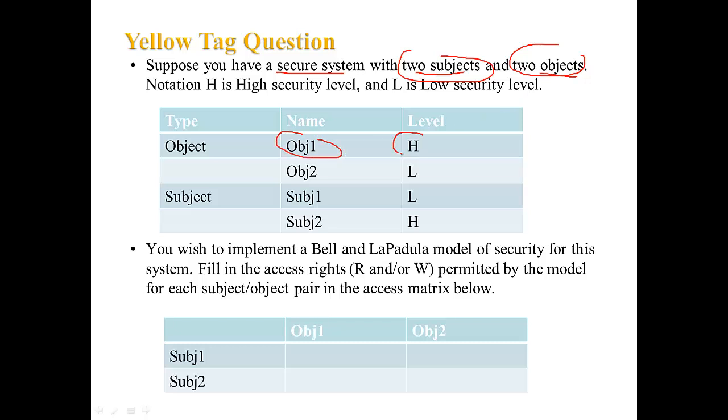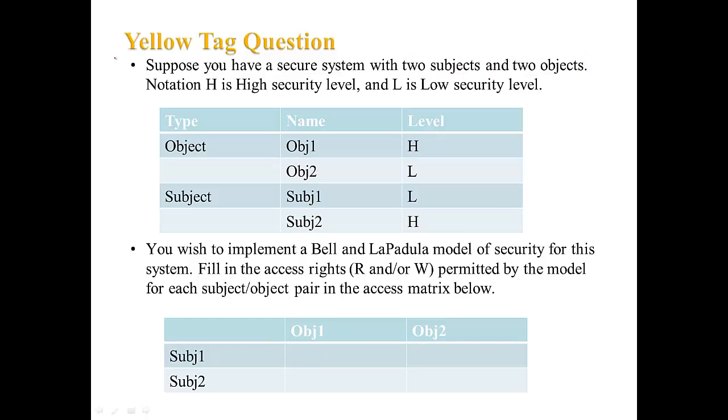It has high security level, and object 2 has low security level. Also, we have two subjects here. Subject 1 has low security level, and subject 2 has a high security level. So I wish you to implement that.